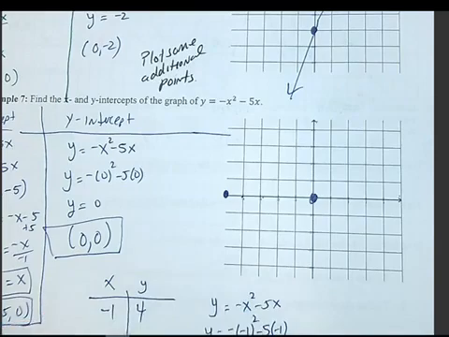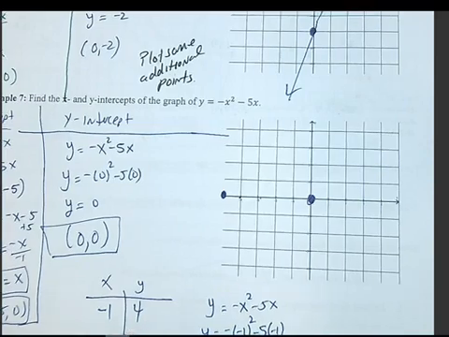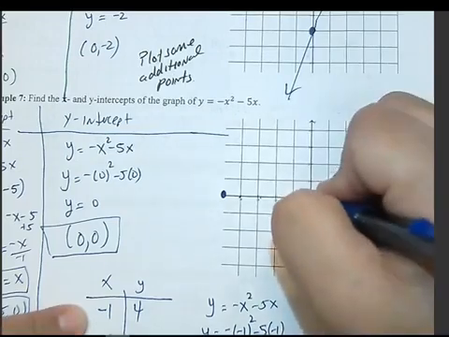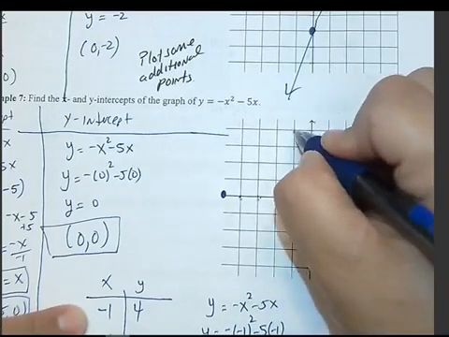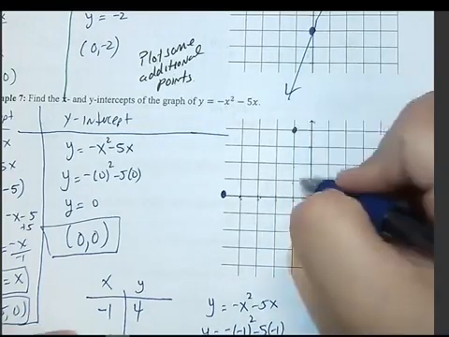And if I plug in -2, we get -2 squared is 4 times negative, and this would be +10. So we get 6. Okay, so -1 is 4, and -2 is 6.